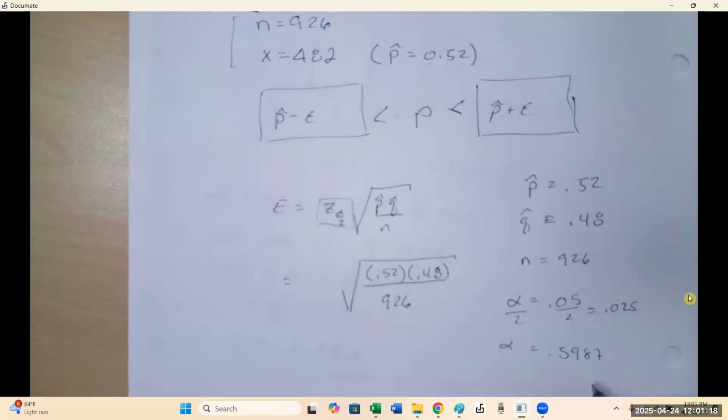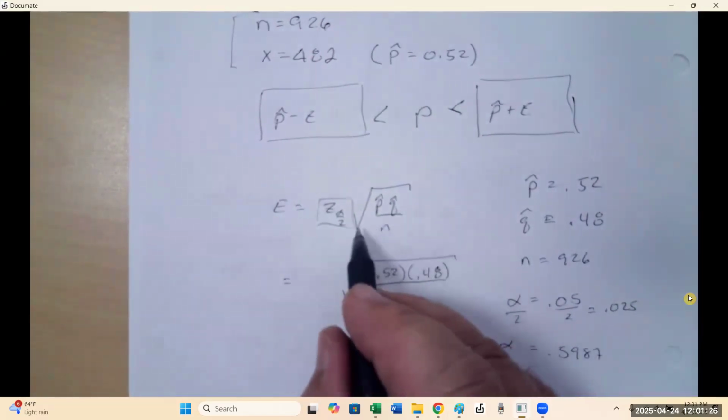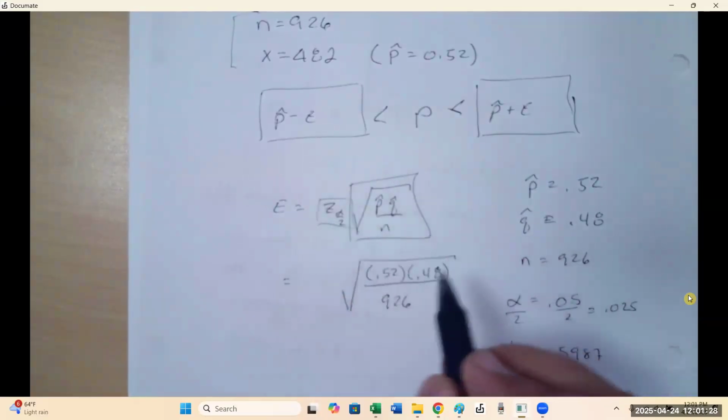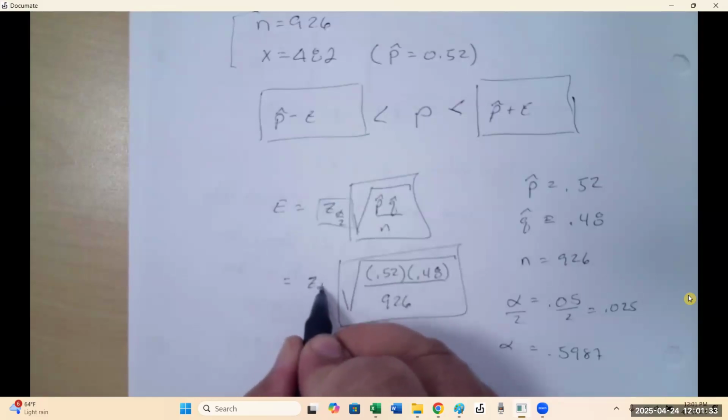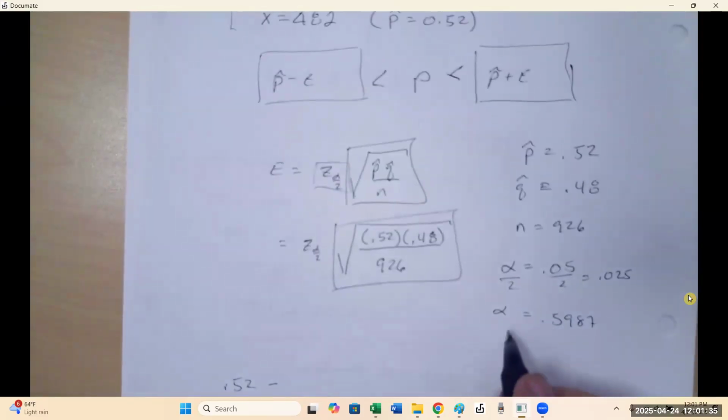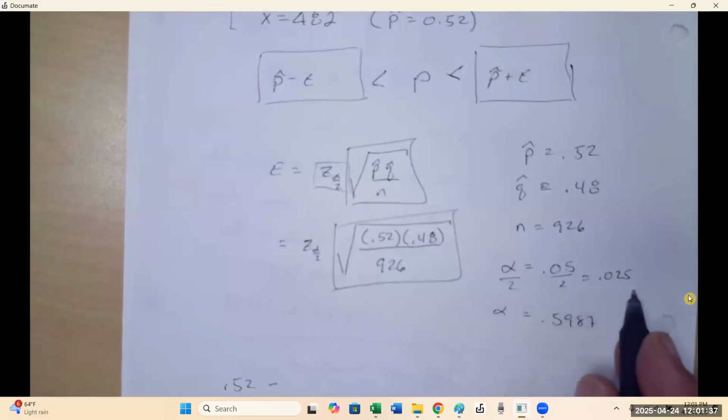Because we have P hat, that's 0.52. The E, this part's super easy. We just did that. The Z alpha over 2. If alpha is 0.05, over 2 is 0.025.